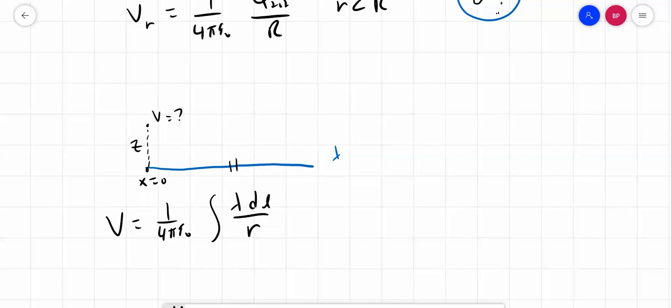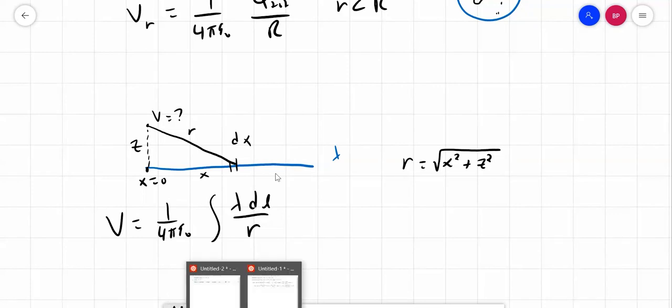Since this is along the x direction, this is dx, and r is our distance from some arbitrary little dl here to where we want to know the voltage. So since this is x equals 0, this distance is x. And so our whole distance here, r, is the square root of x squared plus z squared.